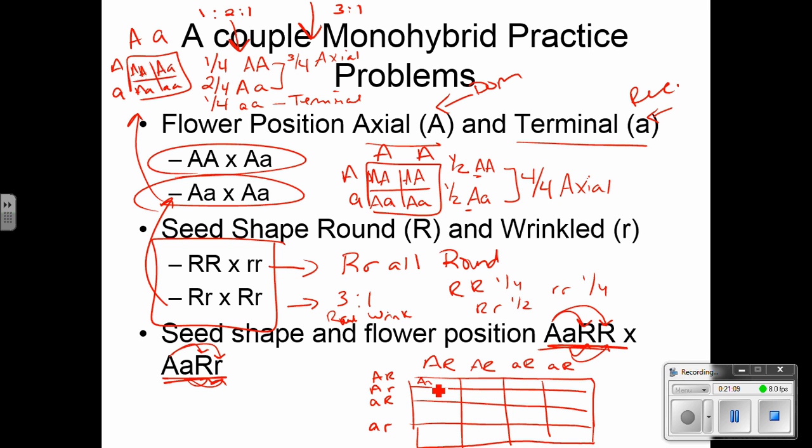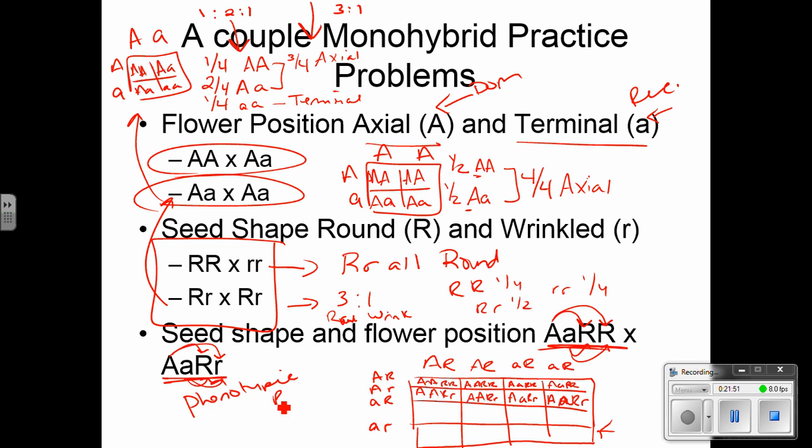So you'd have big A, big A, big R, big R, big A, big A, big R, big R, big A, little a, big R, big R, big A, little a, big R, big R, big A, big A, big R, little r, big A, big A, big R, little r, big A, little a, big R, little r, big A, little a, R, R. And then you could go ahead and completely fill this in, and I want you to do that. Okay, and then go ahead and try to figure out what your phenotypic ratio is.